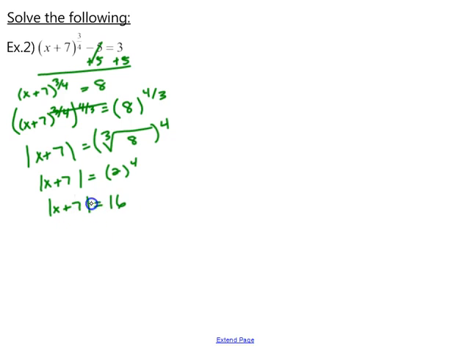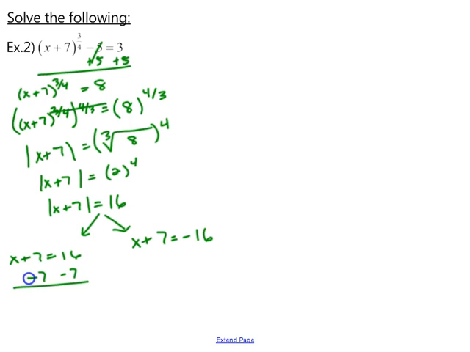And so now that we have the absolute value isolated equal to a number, we can separate into our two problems. So we have x plus 7 equal to 16 and x plus 7 equal to negative 16. And we want to solve these for our two values of x.